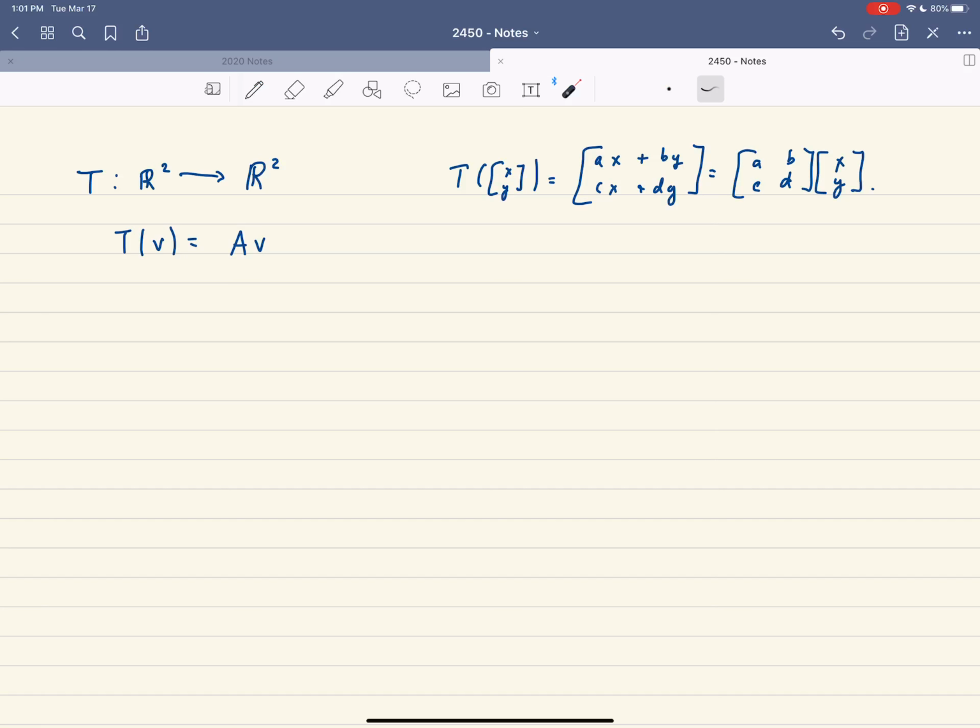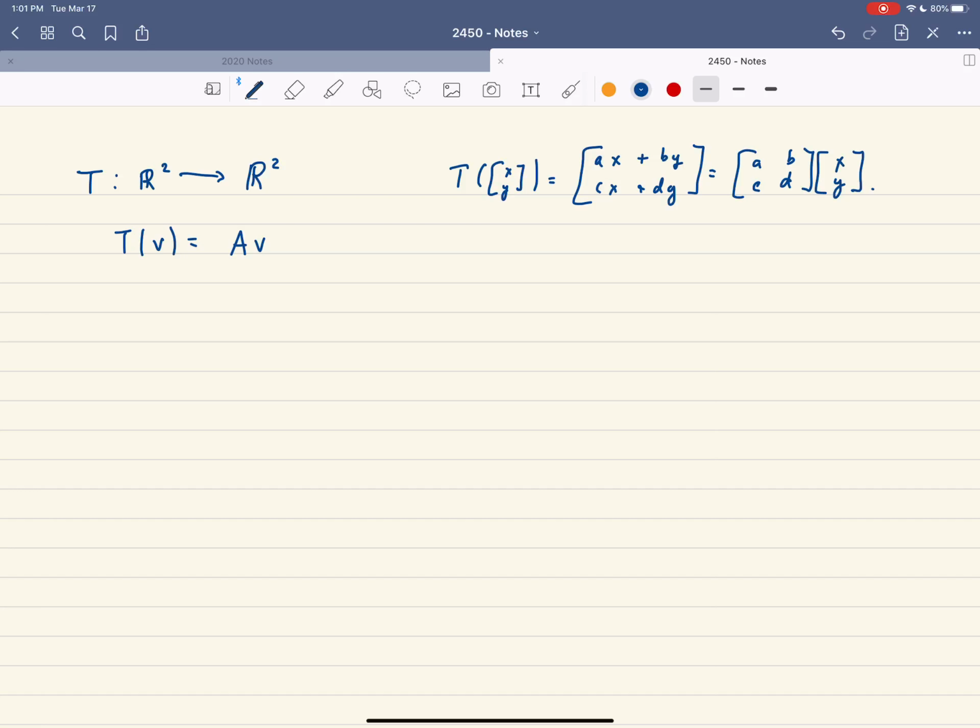You can either think directly of the rule for what T of (x, y) is, where (x, y) is your vector in R2, or you can explicitly write T of V as some matrix A times the vector V. Here I'm really just saying T of V is equal to AV, where A is your matrix, lowercase a, b, c, d. So those are two different ways to think about linear transformations.